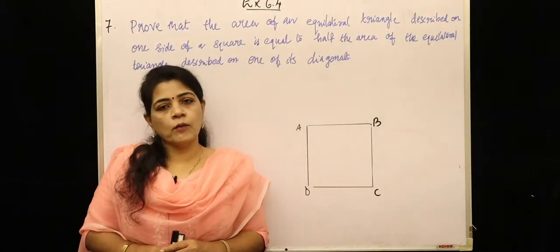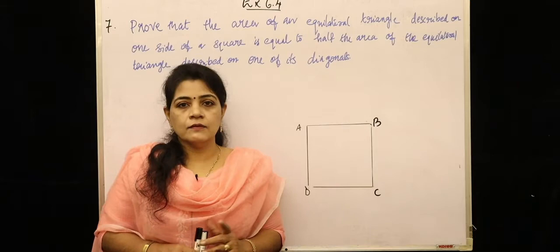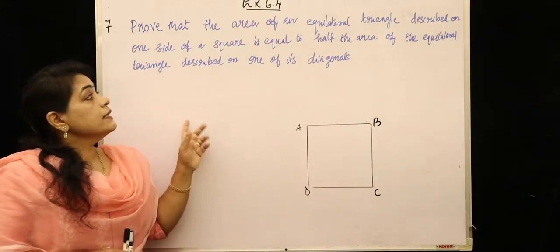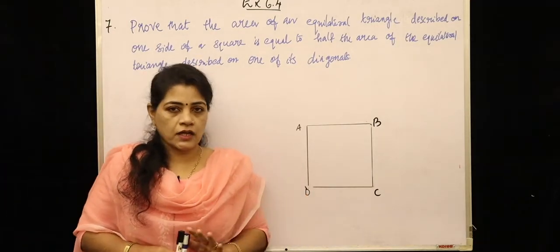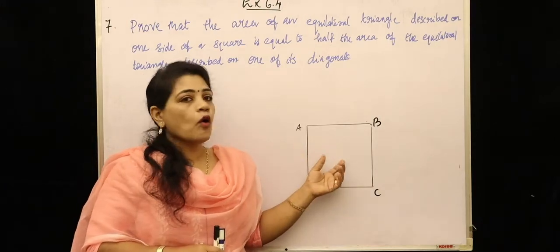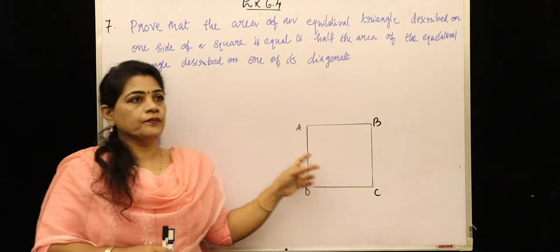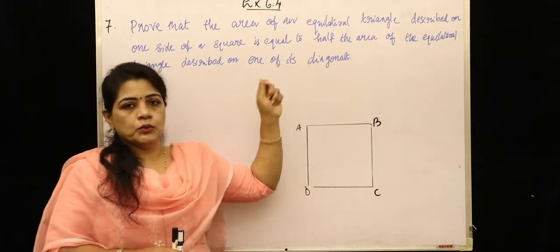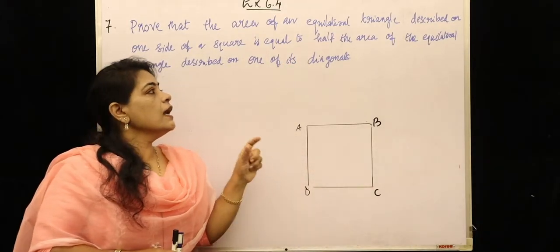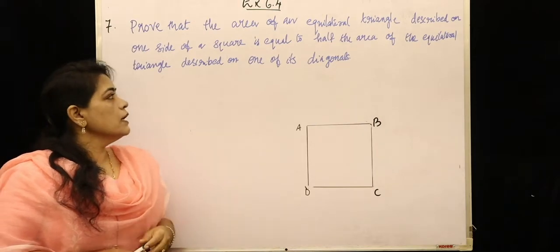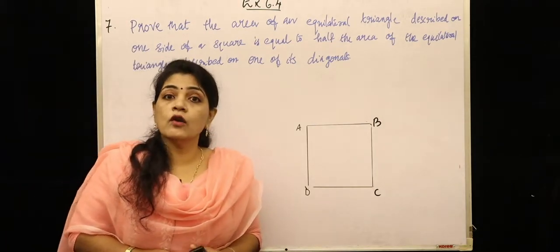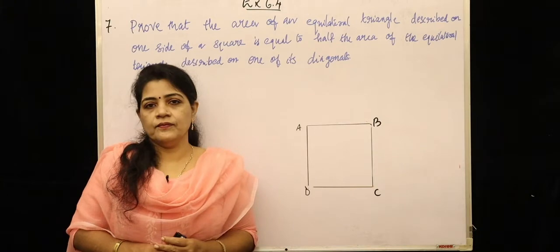Now we are solving problem number 7. Here comes the question. Prove that the area of an equilateral triangle described on one side of a square is equal to half the area of an equilateral triangle described on one of its diagonals.